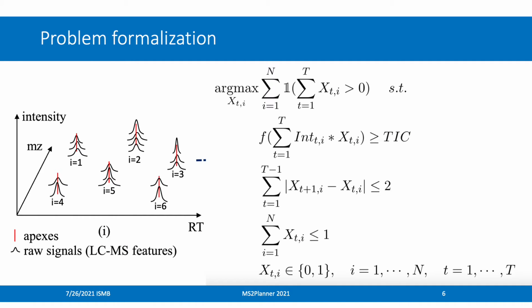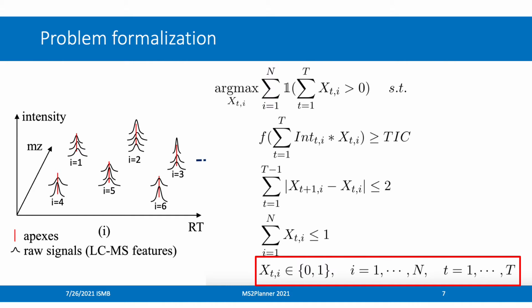One of the main differences between DDA and MS2Planner is that MS2Planner requires a full preliminary run of MS1. Based on the MS1 data, we use OpenMS to detect the apexes and cluster the raw MS1 signal according to these apexes.